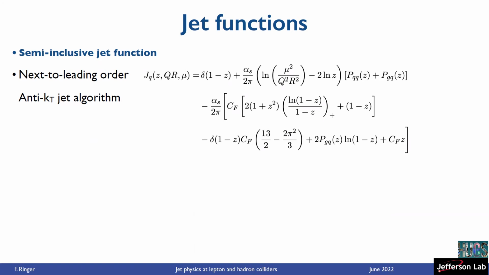Okay, and that's basically what's going to give you, as we mentioned before, that these functions will evolve according to DGLAP evolution. What I mean by that is if you take the log derivative of this function, then what you're basically left with is the splitting function. And that's exactly what DGLAP is, right?